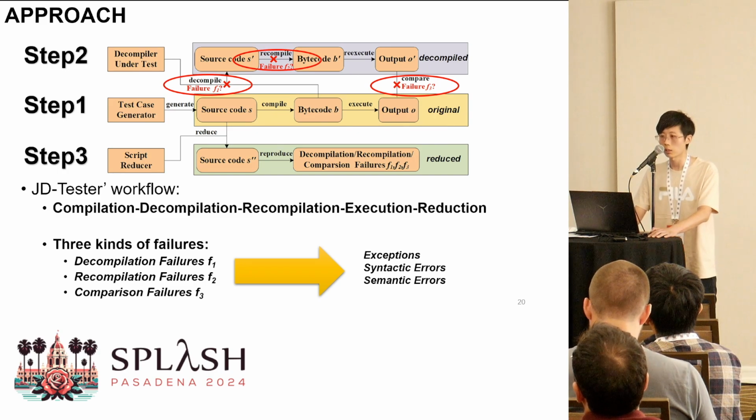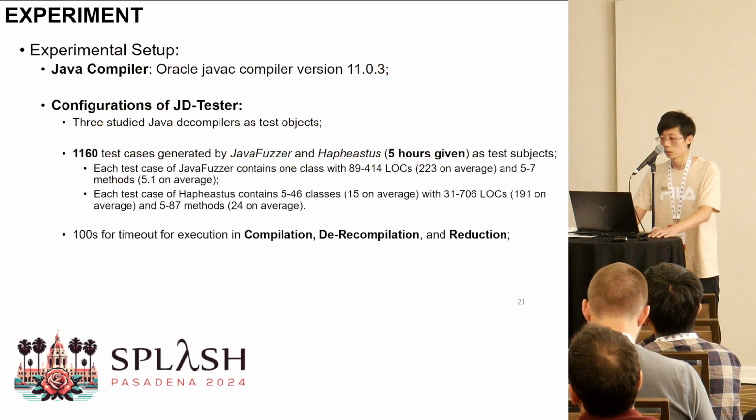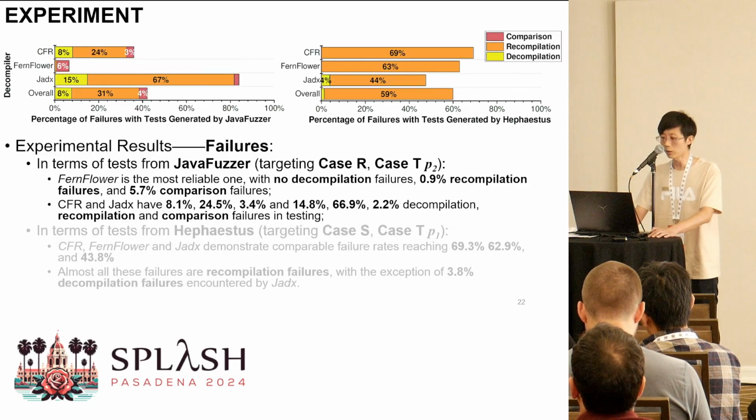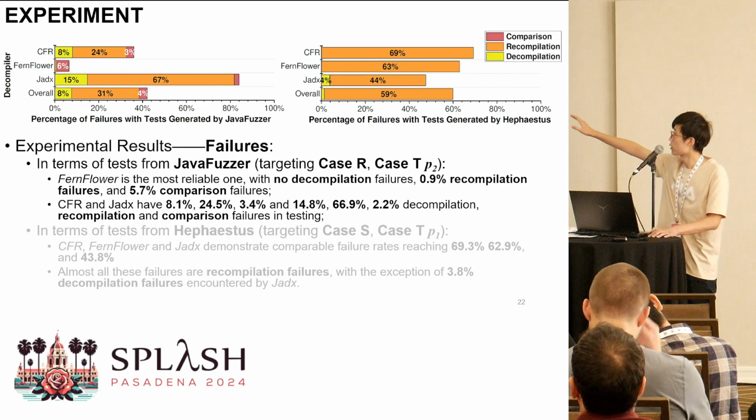We also conduct experiments on our JD-Tester, and we select the three studied Java decompilers as our test objects. We use the 1,160 test cases generated by JavaFuzzer and YARPGen as our test subjects. And here, the two figures show the failure rates.